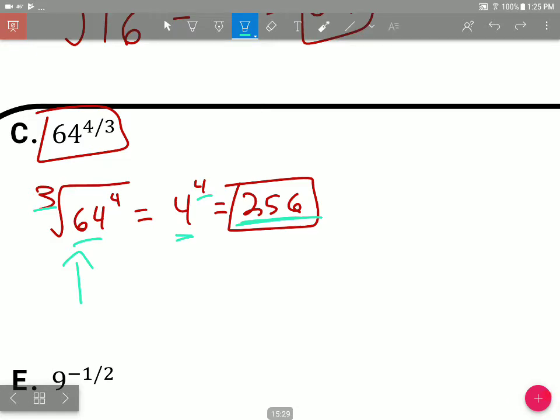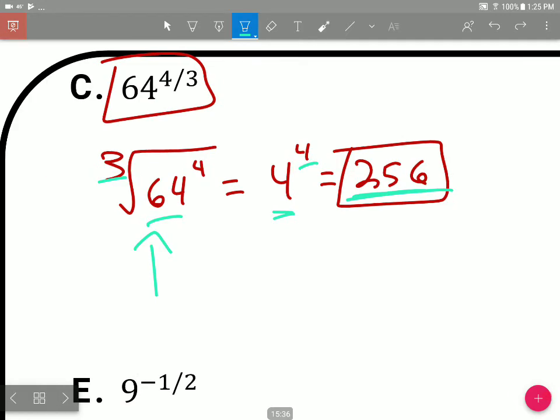In that vein, do letter E. And we'll move on to the next one after that. C? Okay, well, everyone else is doing E. Do you understand how we got to this step right here? Basically, I turned from this form into that form. Cool? From here, you can go either one. You can either go ahead and raise 64 to the 4th power, which good luck doing that in your head, or you can do the 3rd root of 64, which you should know by now that 4 to the 3rd power is 64.